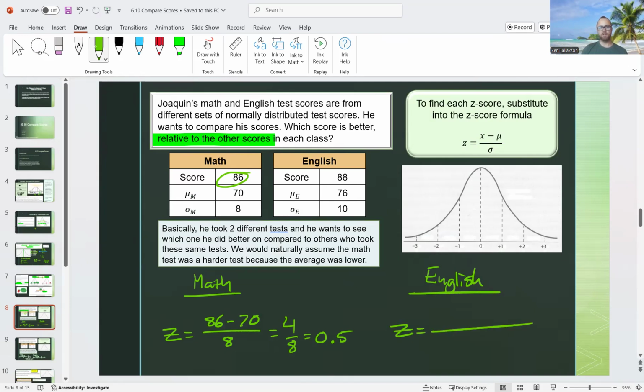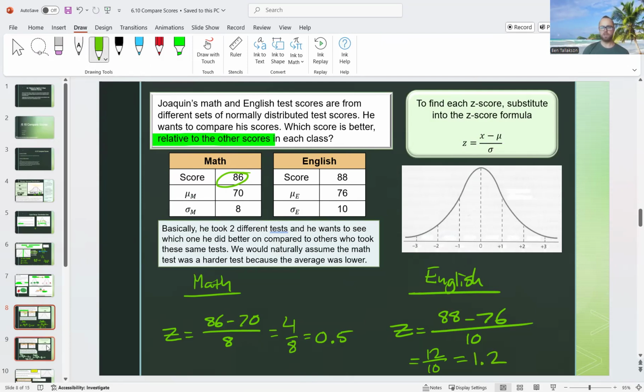Z-score again: raw score, mean, standard deviation. We get, let's see, 8. Not 8. Let's see. We get 12/10, I believe, which gives us, as a decimal, 1.2.